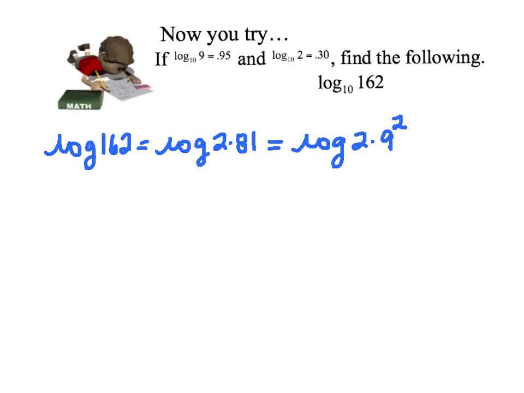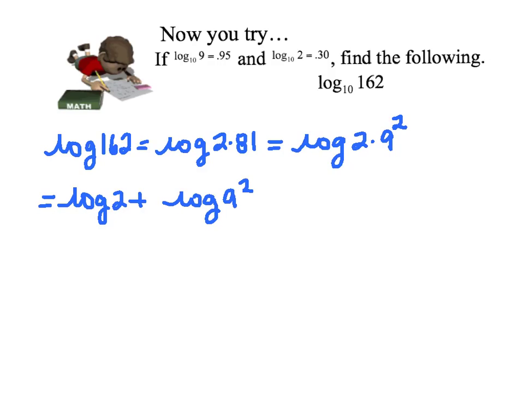There is a product between 2 and 9 to the second power, and so I'm going to use the law of logarithms that says the logarithm of a product is equal to the sum of the logarithms. And I'm going to write this expression as the common log of 2 plus the common log of 9 to the second power.